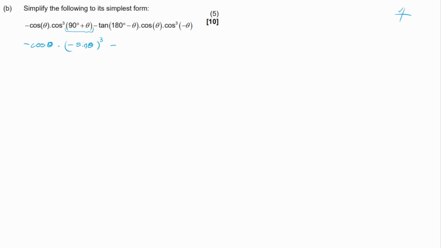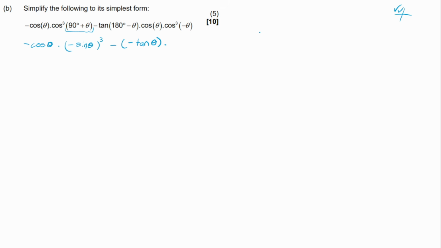Then we have tan 180 minus theta. So tan 180 minus theta is negative, it stays tan, but it's negative over here, so what we say is minus, in a bracket we have minus tan theta, because tan is also negative over here.